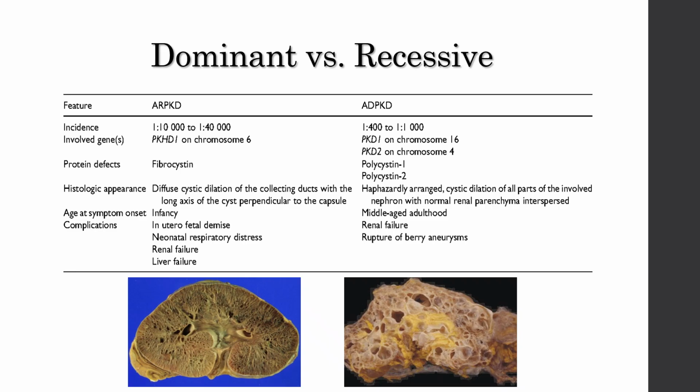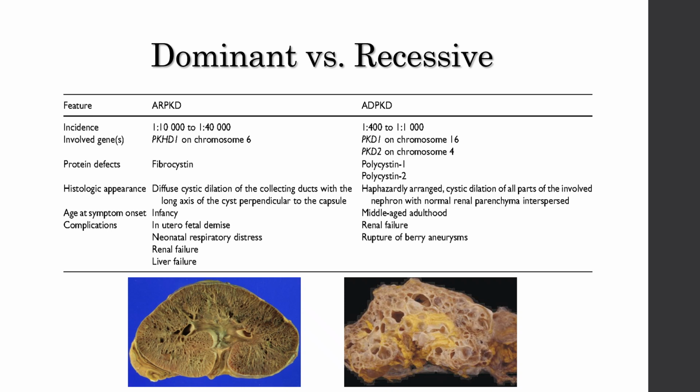Then we have the autosomal dominant PKD, or ADPKD. This is one of the most commonly encountered in adult pathology. It's much more common. It presents in middle adulthood, and it's caused by mutations in the PKD1 or PKD2. It involves multiple segments of the nephron. And histologically, cysts are haphazardly distributed. All nephron segments may be involved, and islands of relatively normal parenchyma may remain early on.